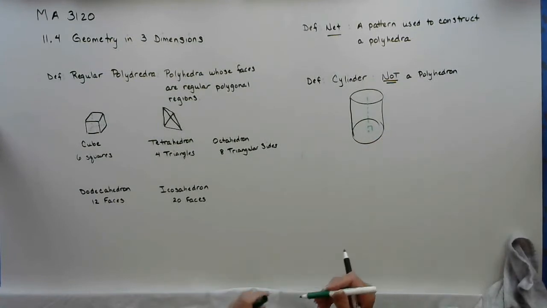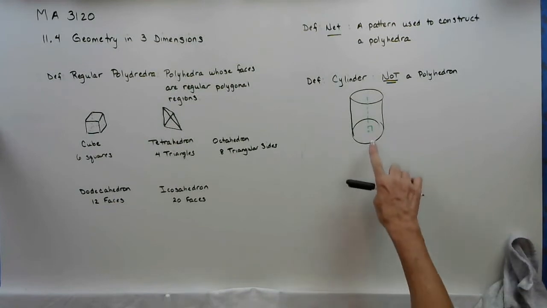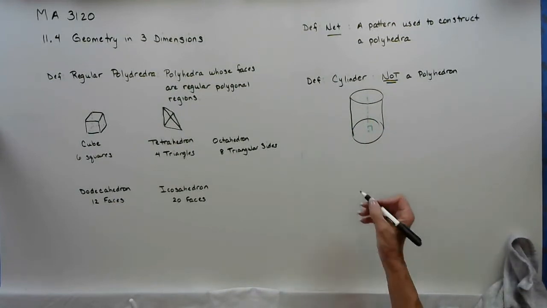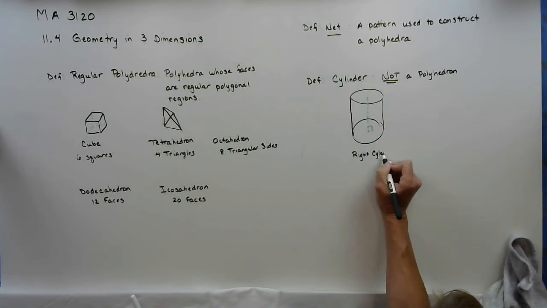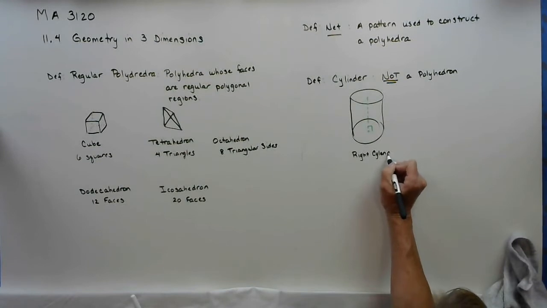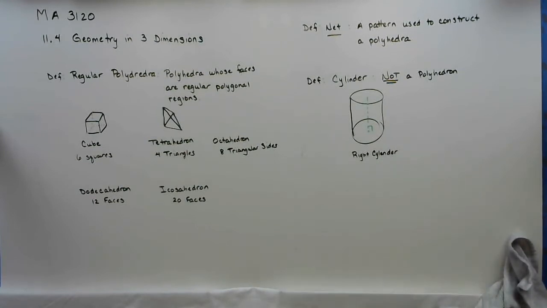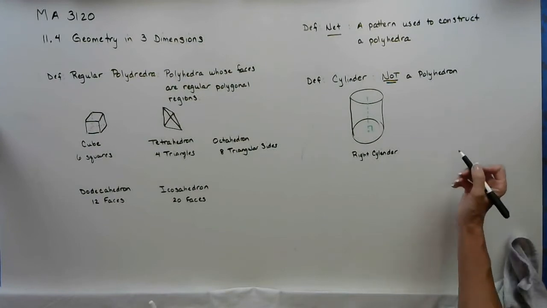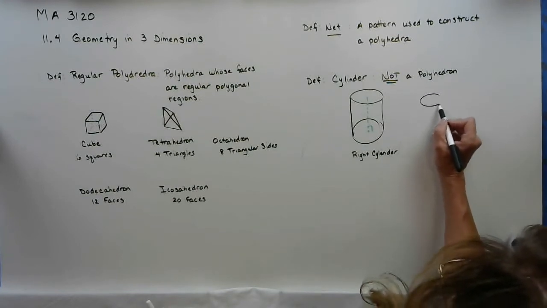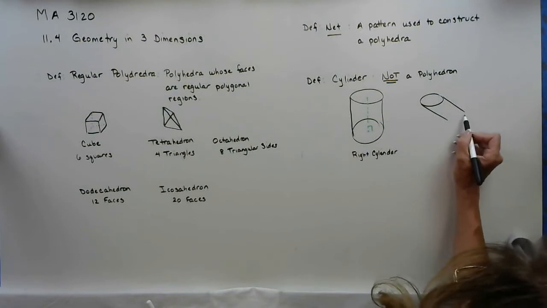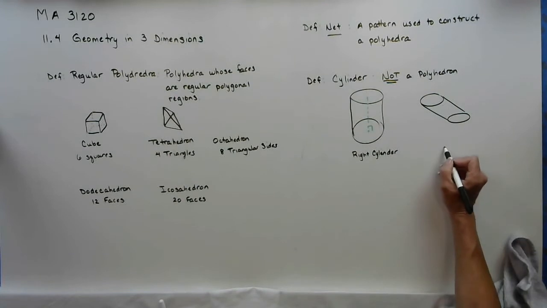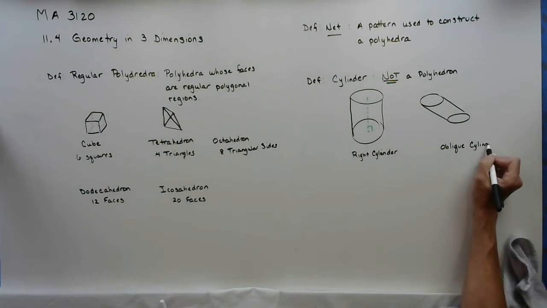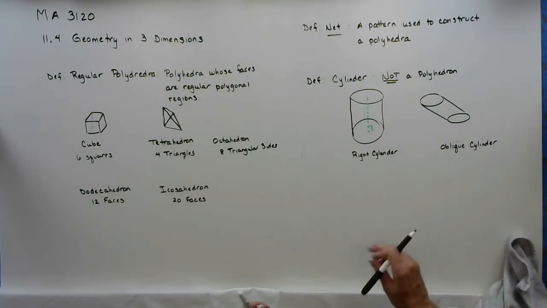If that altitude is a right angle, perpendicular to both of those bases, then this would be a right cylinder. If I push this cylinder over, now this is not right, so this would be considered an oblique cylinder.